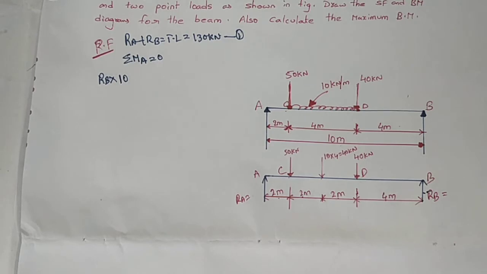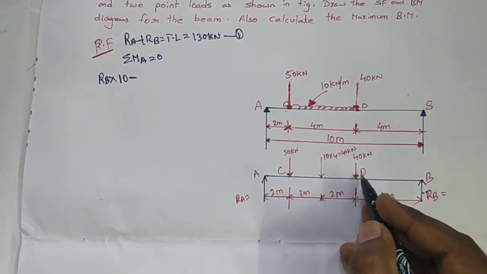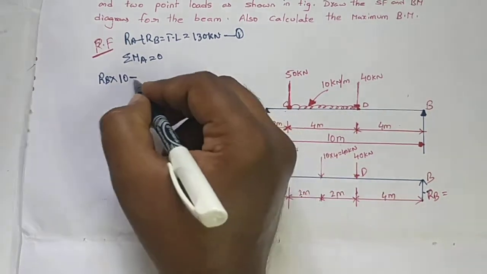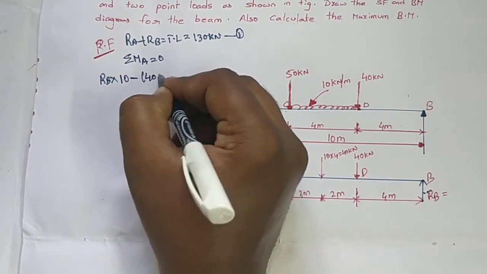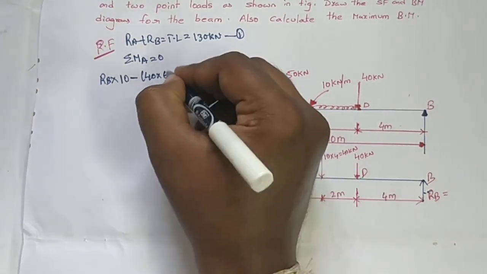The remaining applied forces are acting clockwise, so the 3 forces have a negative sign. Minus the first load, that is 40 kilonewtons acting at point D, that is 40, at a distance from this load to point A of 6 meters.